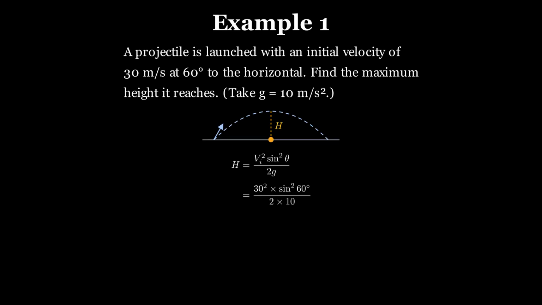Substitute in the numbers, 30 squared, sin² 60 degrees, over 2 times 10. Evaluate, 30 squared is 900, and sin² 60 degrees is 0.7500. The denominator is 20. Multiply the numerator, 900 times 0.7500 is 675.00. Divide by 20, the maximum height is 33.75 meters.